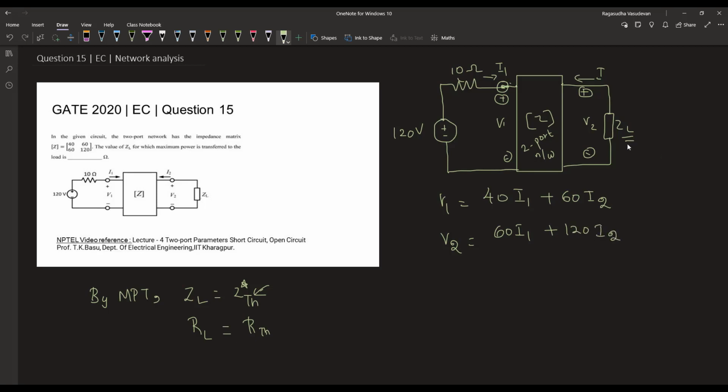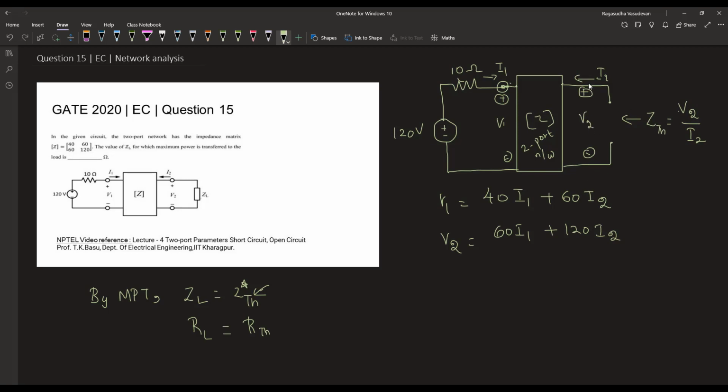In order to find out the Thevenin's equivalent resistance, we need to open circuit the load and look at this two-port network from the perspective of the load. So, for that, we are open circuiting this and then looking at the network from this perspective. In that case, ZTH will be V2 divided by I2, because resistance is voltage divided by current.